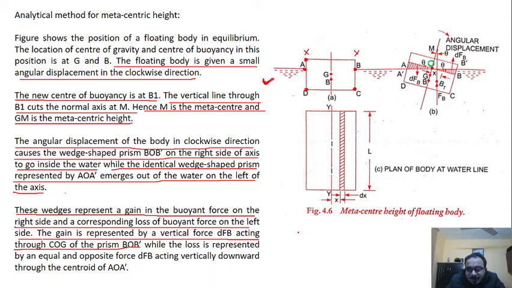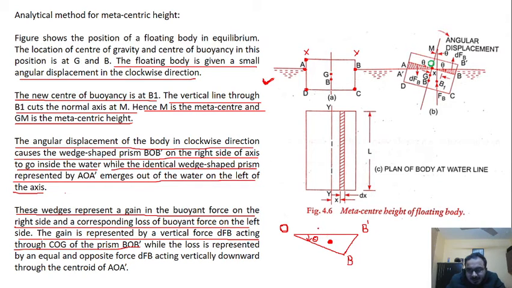So let's say the prism is like this, O, B prime and B, and here this is the angle theta, and the center of gravity of this wedge is, let's say, this.